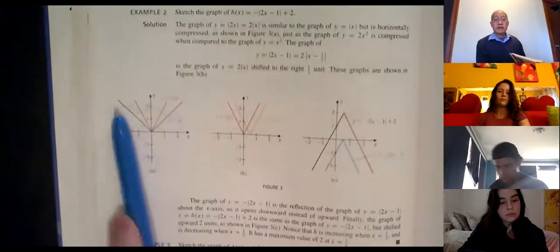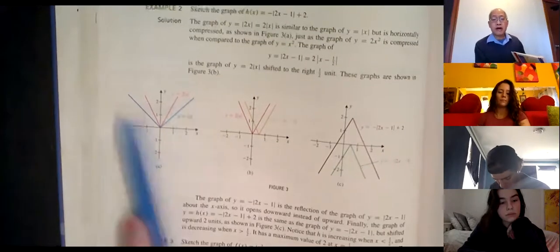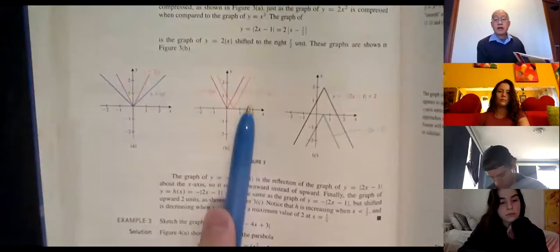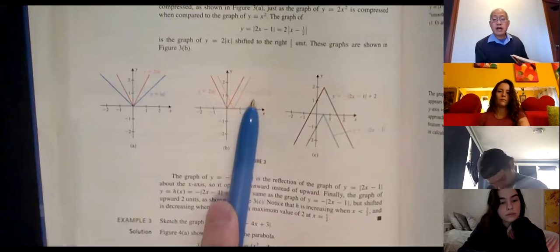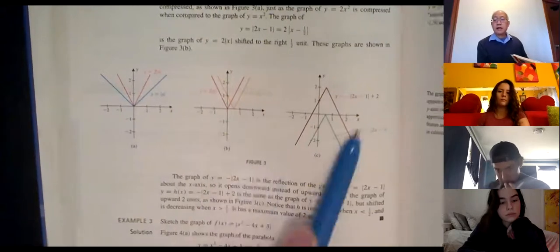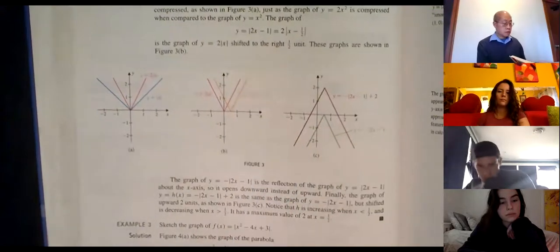The blue on page 86 is the absolute value. If you put a 2 in front, 2 absolute value of x, it becomes steeper. Here's how you can move it. So absolute value of 2x minus 1, that moves 1 unit to the right. And if you put a negative in front, it's going to make it go down. So that's something quickly about that.